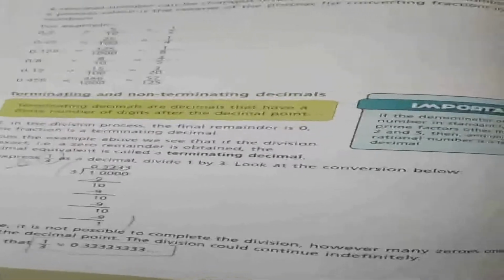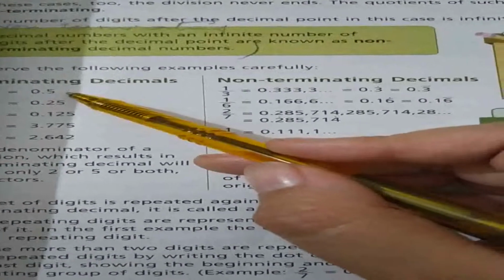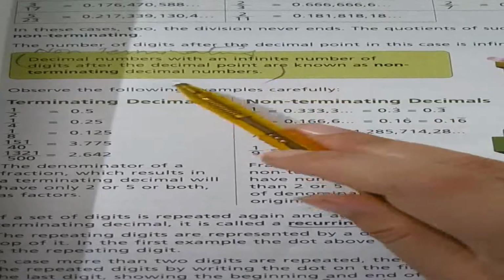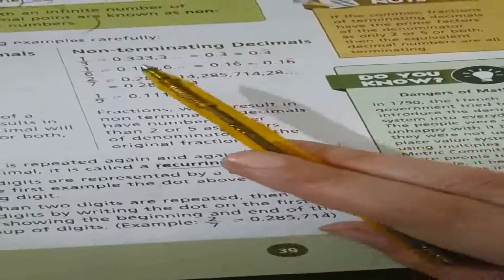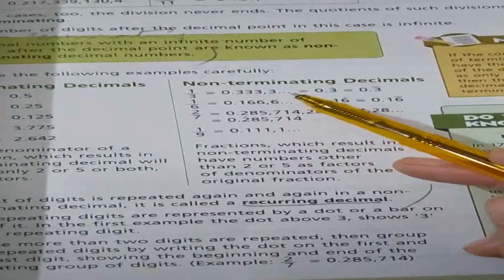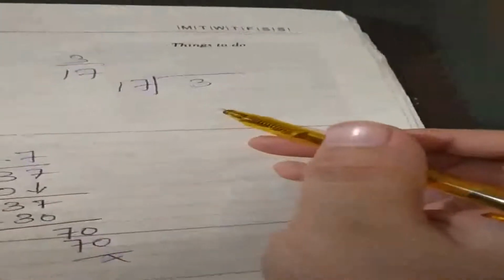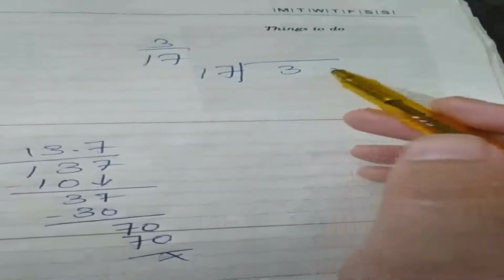Such a division in which we divide the fraction, and the digits after the point are countable, that is terminating. Infinite number of digits after the decimal point are known as non-terminating decimal numbers. Such decimal numbers, such fractions which we divide and the digits after the point are uncountable, are called non-terminating. So you have to divide it. If the number of digits after the point is countable, then it is terminating, otherwise it is non-terminating.